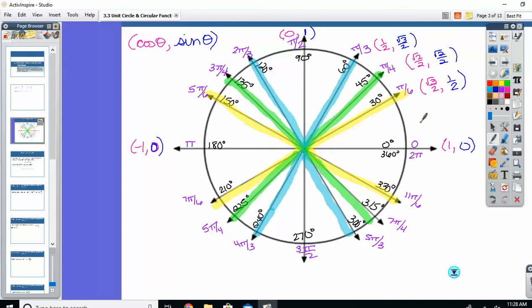Okay, if you think back to any of your algebra days, if you plot an ordered pair over here, what's true about the x? It's negative, and the y is positive. So I don't have to go through and think through all those values again. They are the exact same as these ordered pairs, except the x is now negative. So this one will be negative radical 3 over 2, positive 1/2.